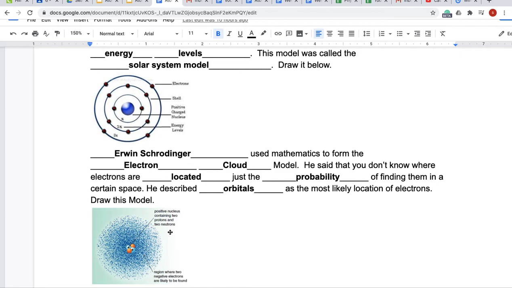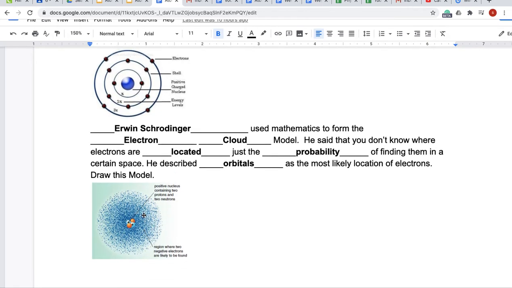What he showed with his model was that the part of the space where you could find the electron more probably was a denser cloud, and where you'd find the electrons not as frequently was less dense. But you still could find it everywhere in that cloud; it's just more likely here than out here. So this cloud would be where the electrons that are in the first level would most likely be found.